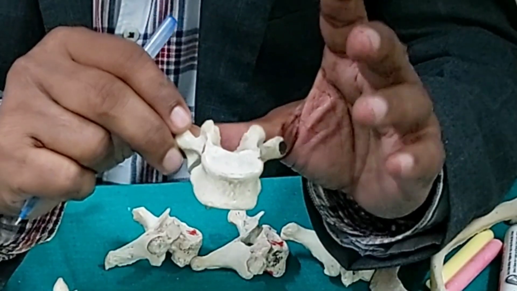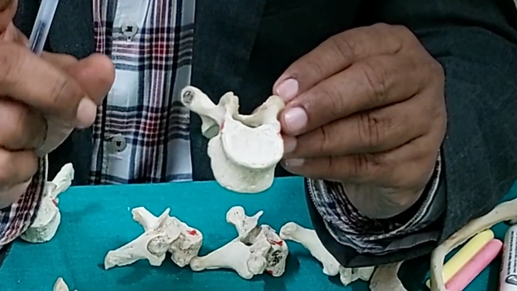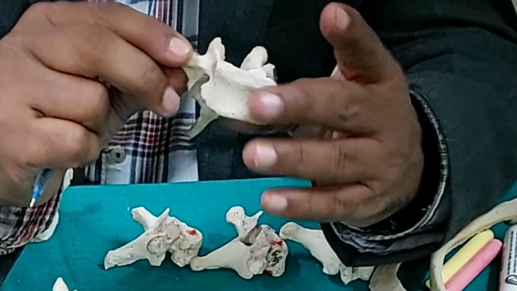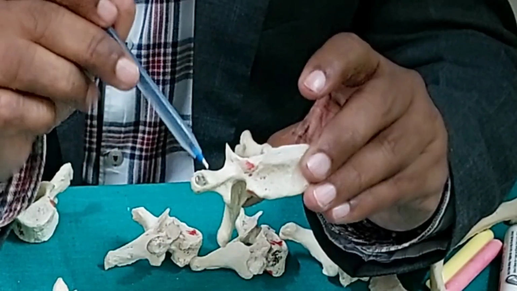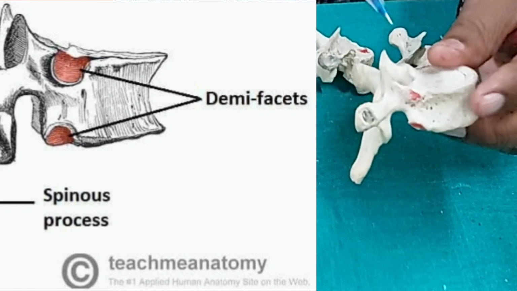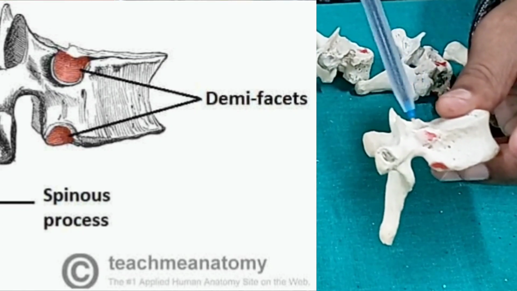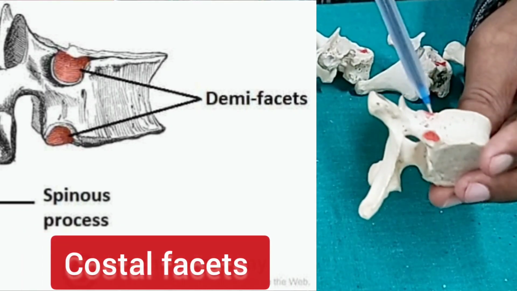What is the main distinguishing feature of the thoracic vertebra, by which we can identify it by a single point? That feature is the presence of costal facets on the body and on the transverse process. This red mark here, close to the upper border and in front of the pedicle, is called the costal facet.